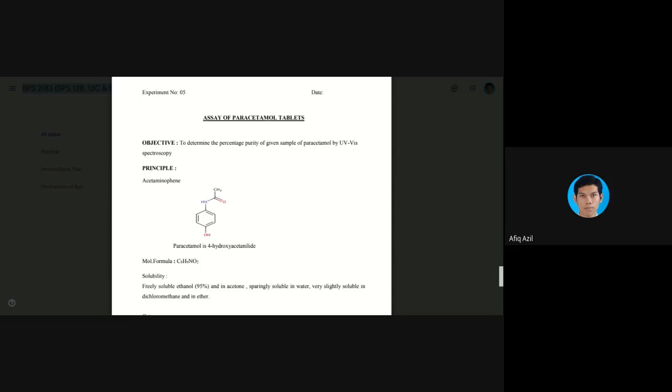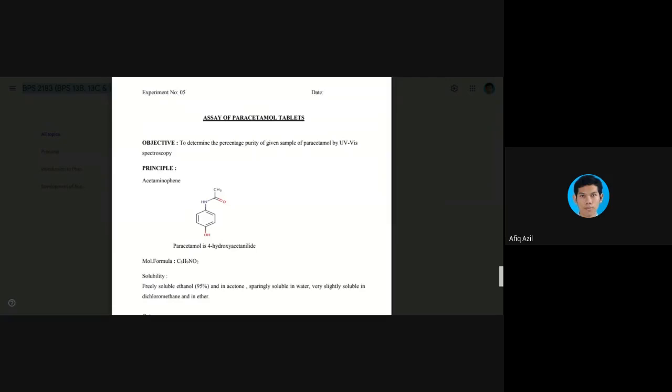Okay, and the acceptable range of percentage purity that you should get depends on which literature you are referring to, meaning that normally in pharmaceuticals you always refer to a pharmacopoeia. So it is either USP, United States Pharmacopoeia, or BP, British Pharmacopoeia, or others like Japanese or Chinese.